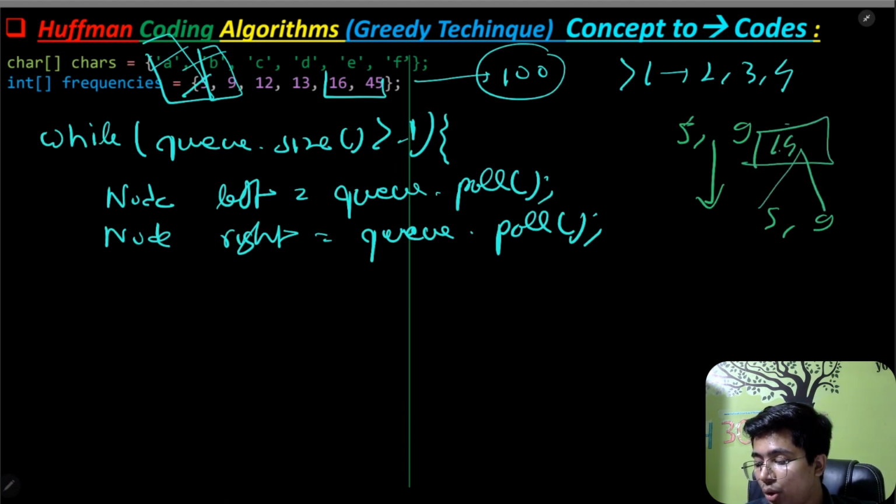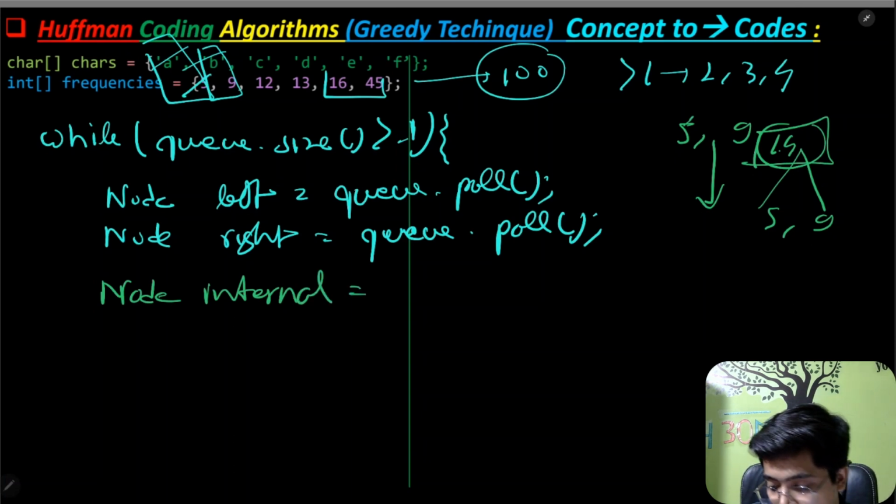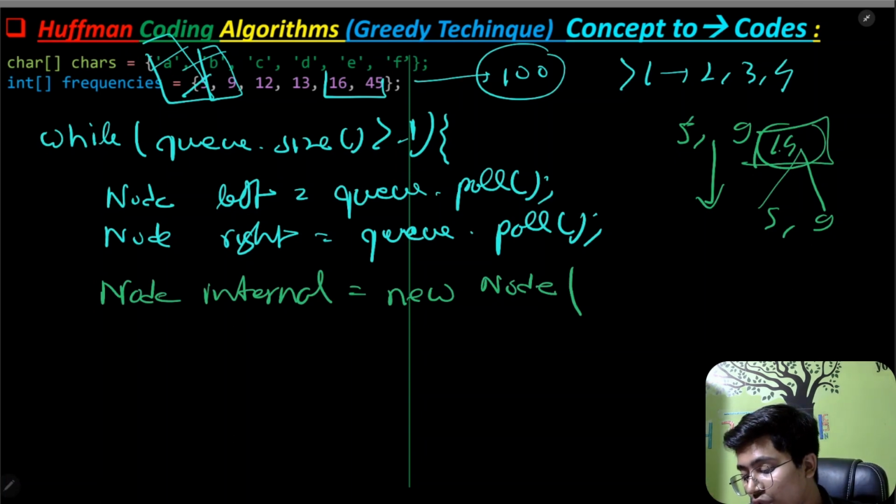So we'll be creating a node, and let's say this node is internal. So we'll be creating another node, internal, in the same way, a new node. We constructed this node, and now there is no character. This is the addition. So in the position of character, we pass just a dash here. And now we'll be adding the frequencies.